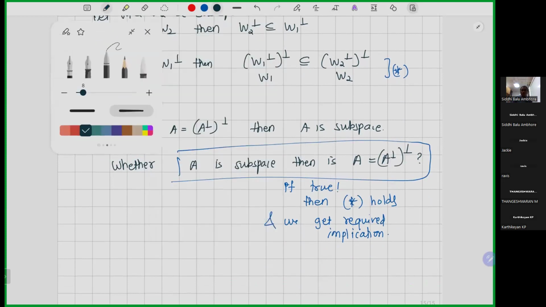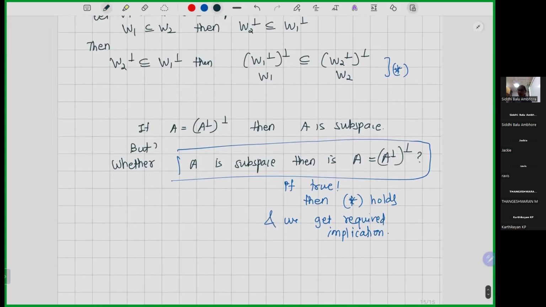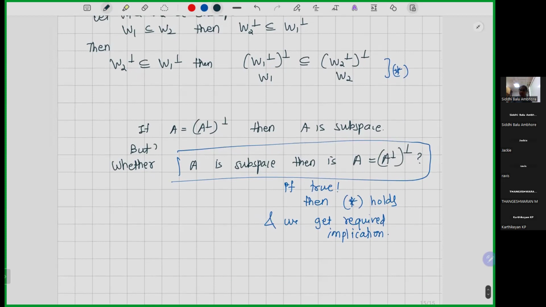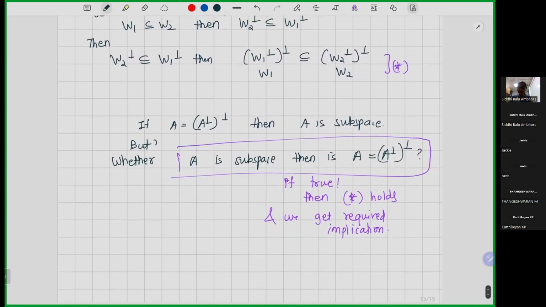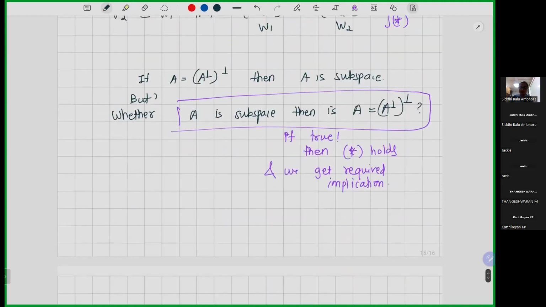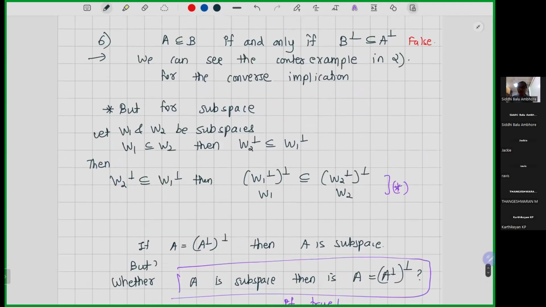But we don't know whether this holds. If this statement holds, then we are okay. I will check this and let you know in the next lecture or next problem session, or maybe I will put it in.